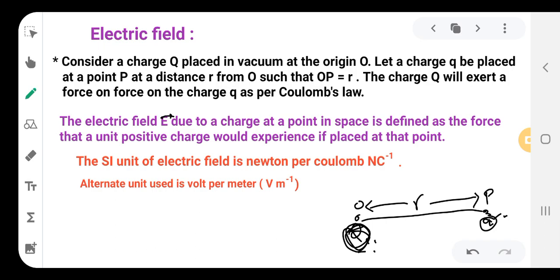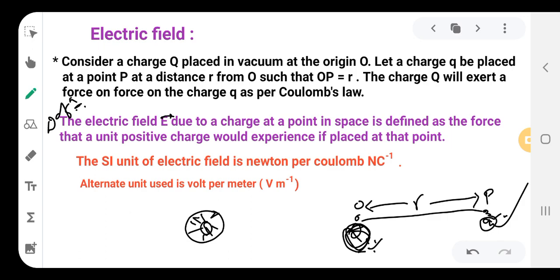So this is the definition of the electric field. The electric field E due to the source charge Q in space is defined as the force experienced by a unit positive charge placed at a certain point. If I take any charge, whether positive or negative, it has a field surrounding it.